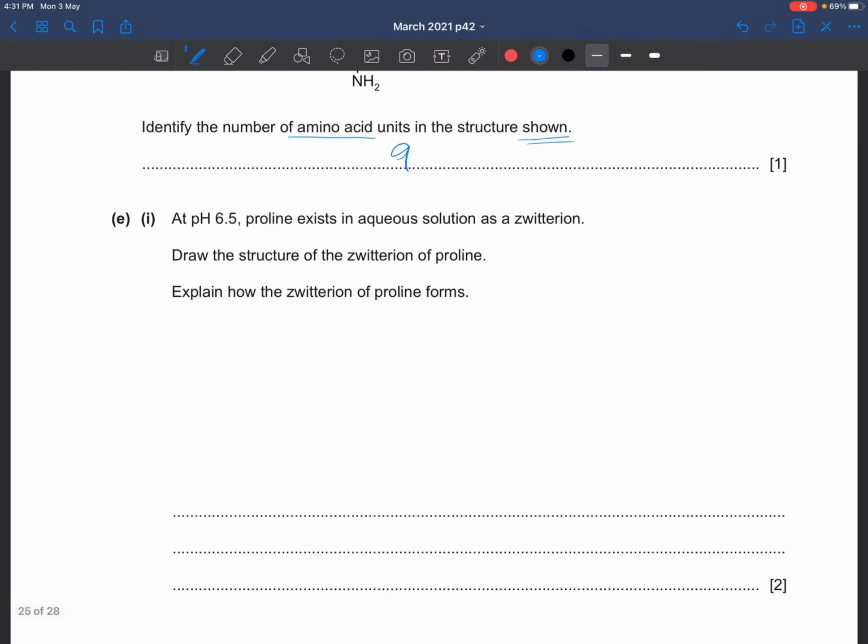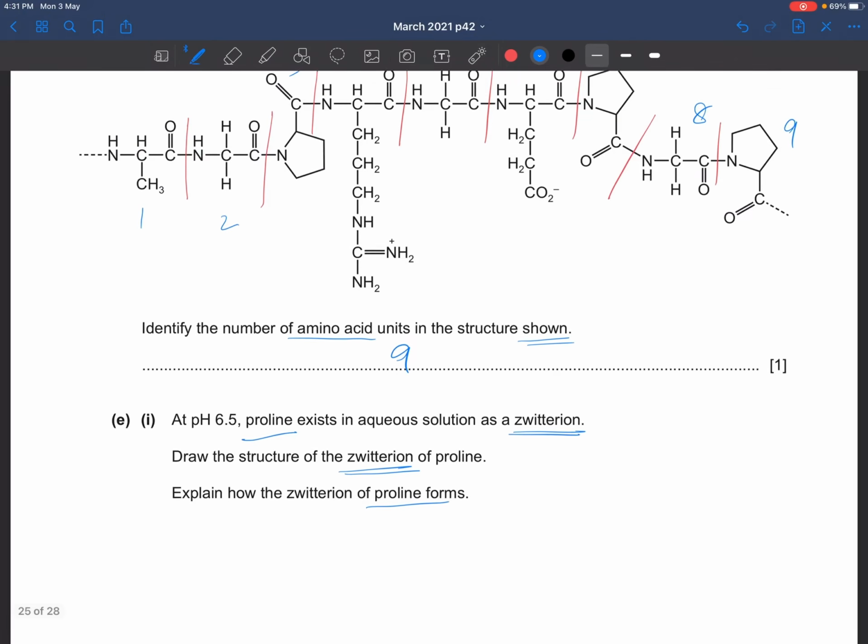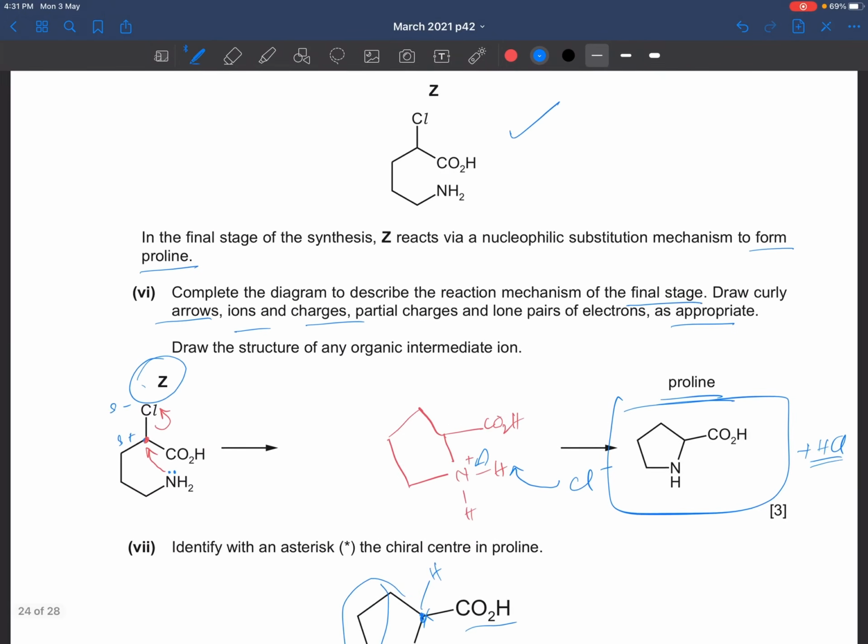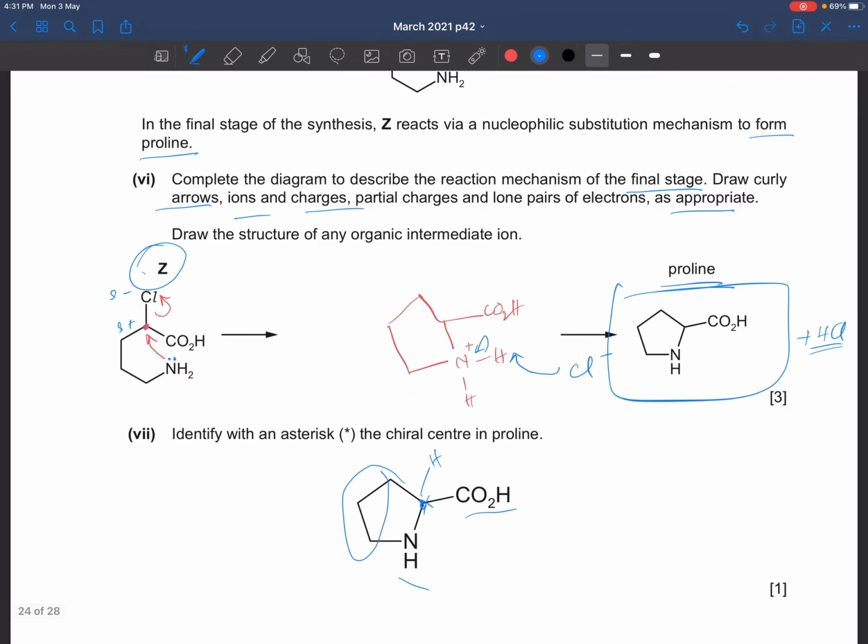At pH 6.5, proline exists in aqueous solution as a zwitterion. Draw the structure of the zwitterion of proline. Explain how the zwitterion of proline forms. So the structure of proline is this one. In its zwitterion form, this H would be lost by this compound, so the nitrogen would gain the proton.